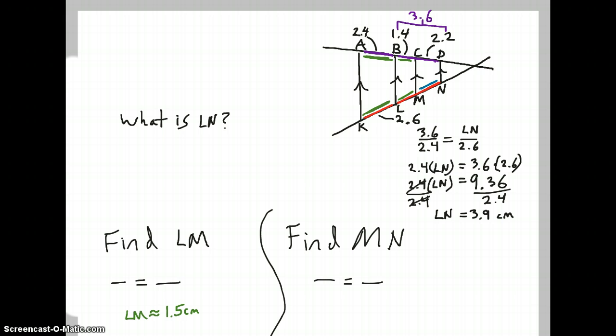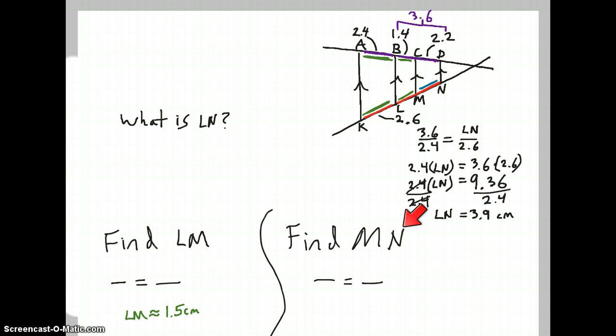The easiest way to do this, I'm just going to tell you, is going to be to use the segment addition postulate that says that this segment LM plus MN, they both have to add up to be LN, and we know LN from earlier, right?